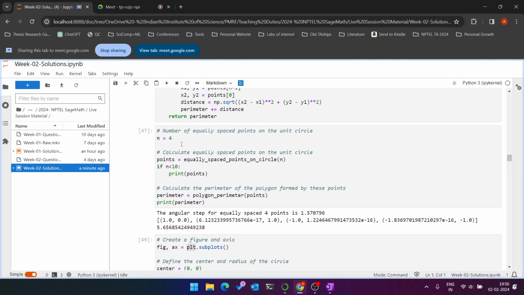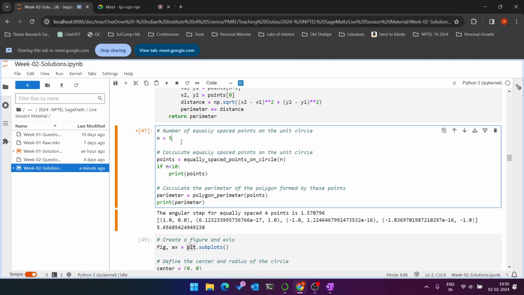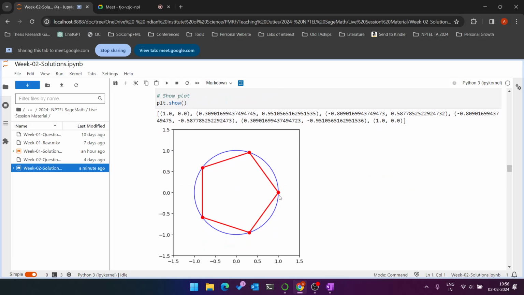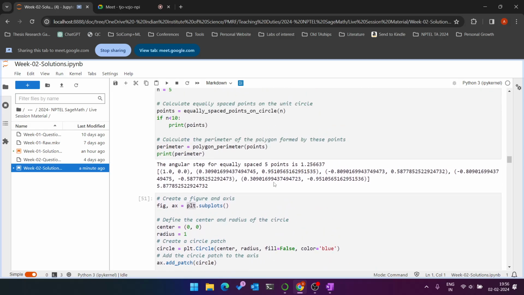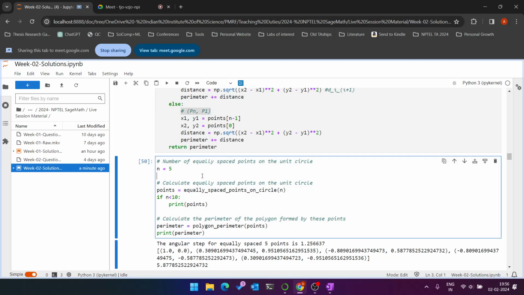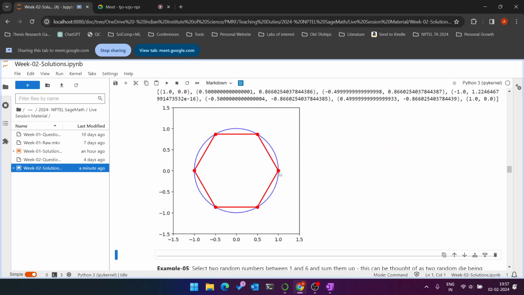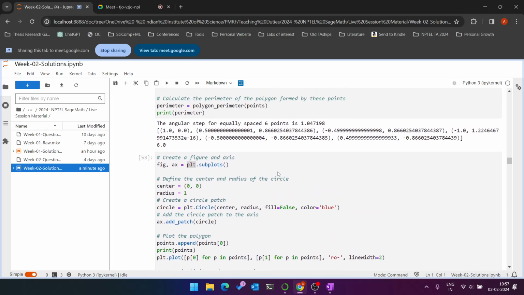Suppose I change it to say 5. What will happen then? Again, P1 is always on the x-axis, and then you have 5 equidistant points. If I change this to say 6, you expect it to be a hexagon because one vertex is on the x-axis.